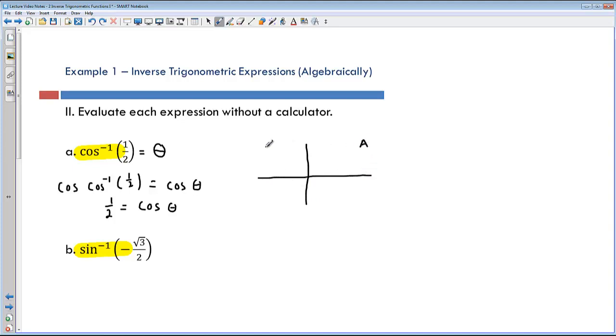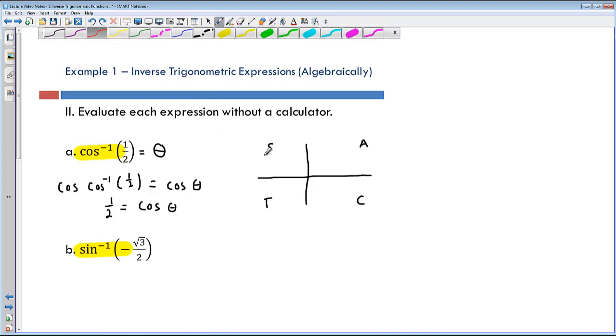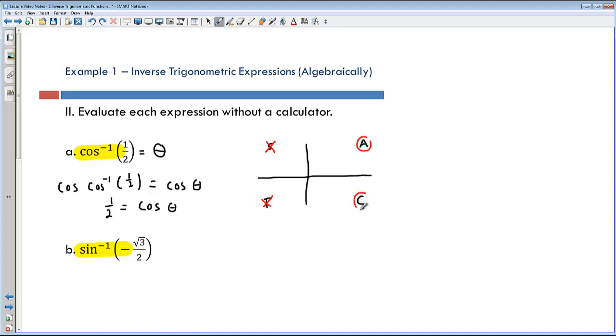So all students take calculus. Because 1/2 is positive, I can immediately eliminate this quadrant and this quadrant, because cosine in these two quadrants is negative. So I'm either in this one or this one. Now either one would be a good choice, but the way the cosine inverse is defined, you have to choose one.